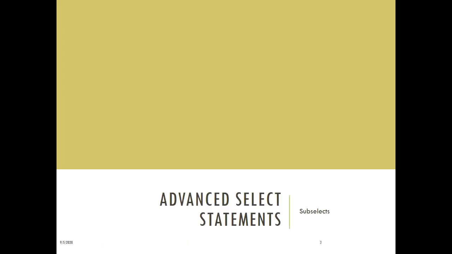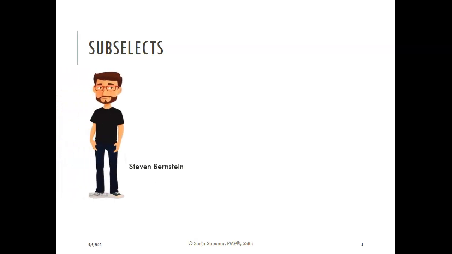Let's first talk about how to retrieve data not just from one table, but from two tables, and then relate the outputs that we are getting to one another. Let's say we have a customer named Steven.